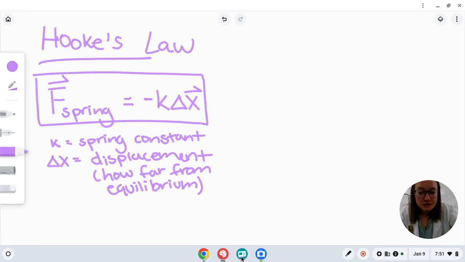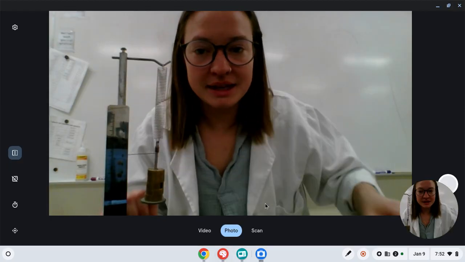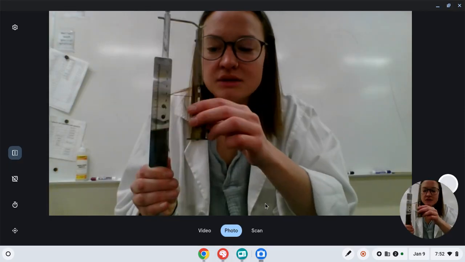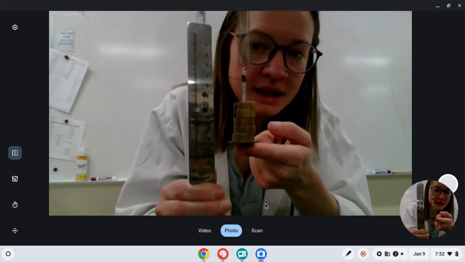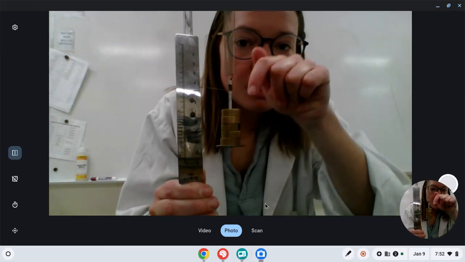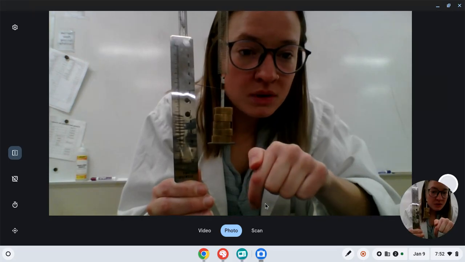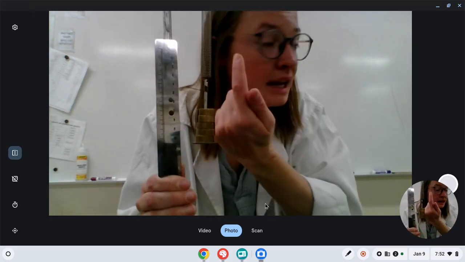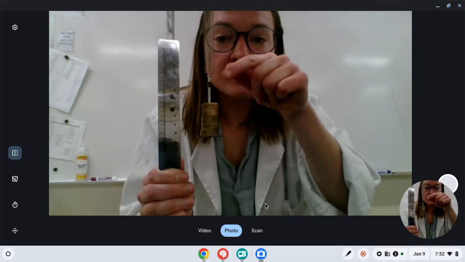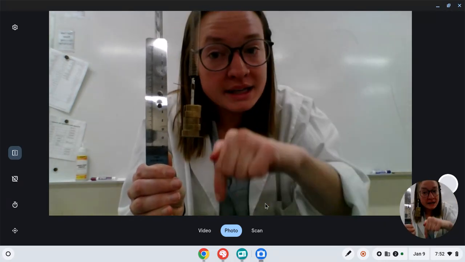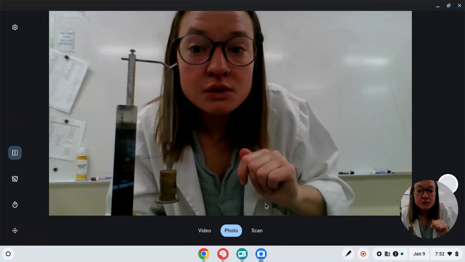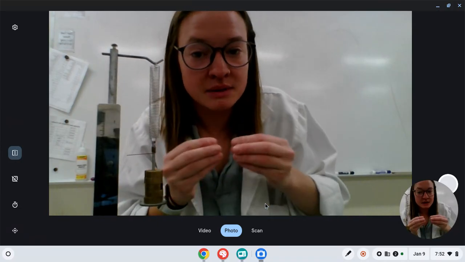One quick note for vertical springs in particular, or springs like this one that I have right here. Do you notice that right now, when this little spring is just sitting here, the weight of the masses is pulling it down, but the spring is holding it back up? Because of that, the spring force is pulling up, the weight is pulling back down, and the two cancel out so that this thing stays exactly where it is.